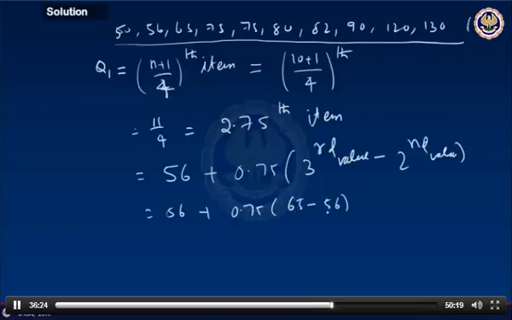Here 56 plus 6.75 is 62.75. Rupees 62.75 is the first quartile.